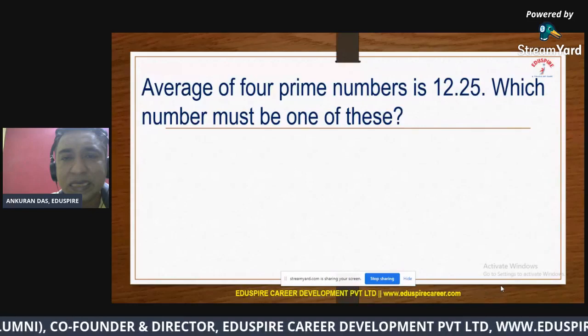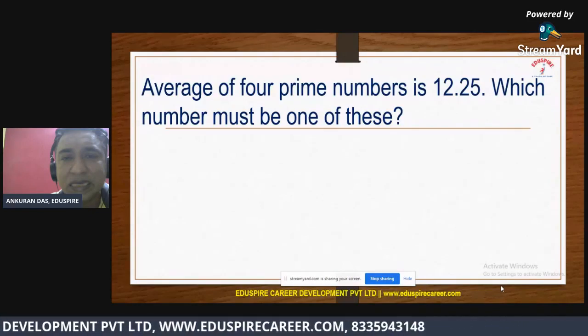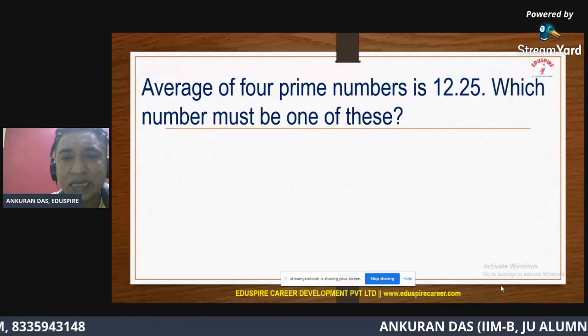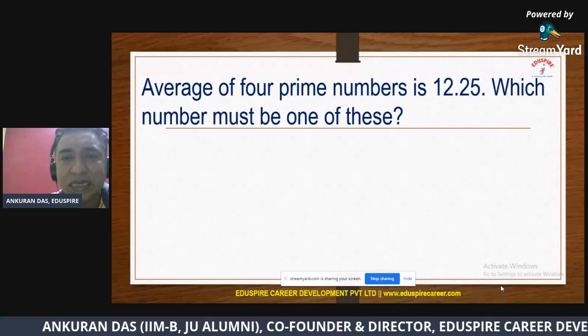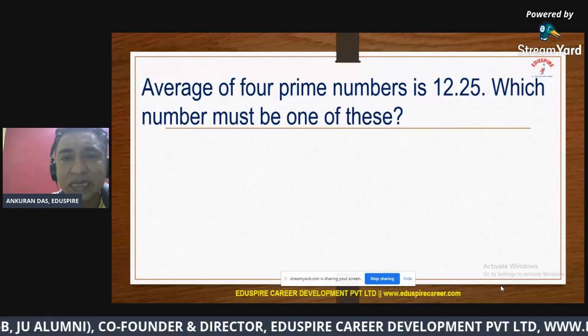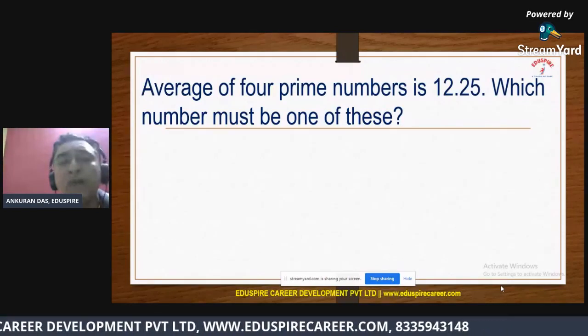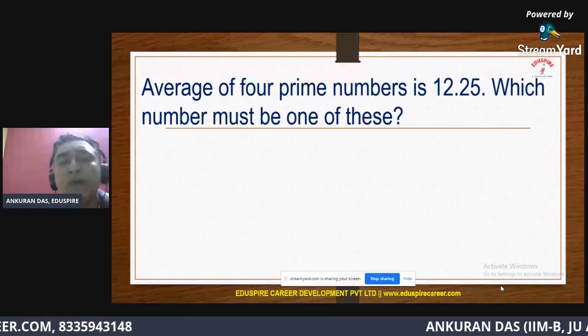You look at four prime numbers. If the average of these numbers is 12.25, what will be the sum of these numbers? That is, of course, 12.25 into 4, which is definitely 49.